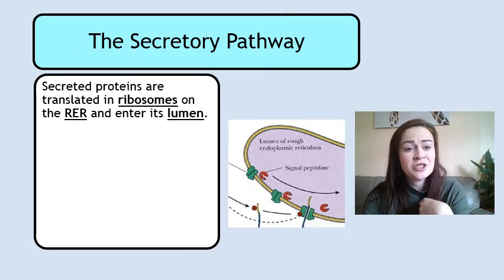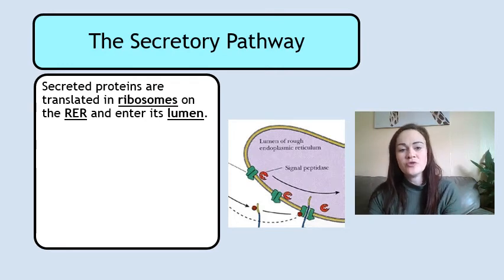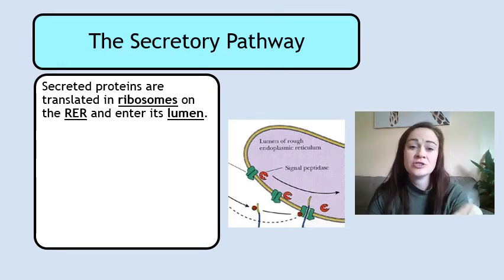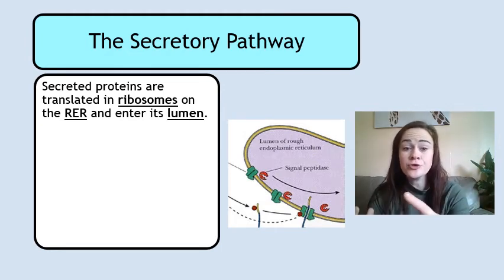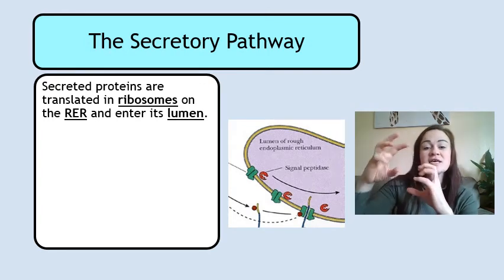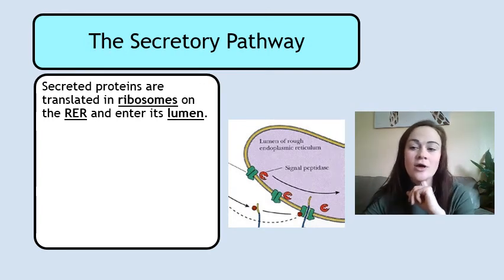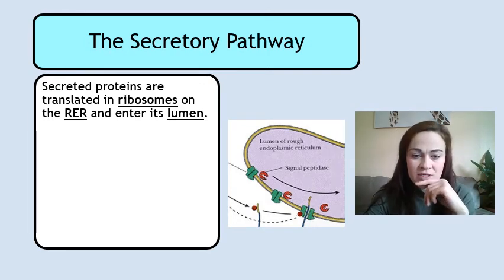Right, so the secretory pathway. Secreted proteins are translated in the ribosomes on the RER, we know this, and then they enter the lumen of the RER, and the lumen, in actual fact, is the inside of the RER. That's what we see here.